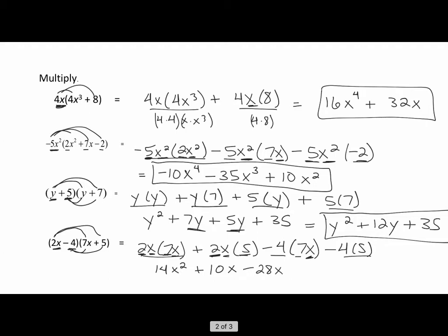And the last term, negative 4 times 5 is negative 20. And we do have like terms that we can combine. So 14x squared, and then 10 minus 28, that's minus 18x's altogether. And minus 20 completes the simplified product of those two binomials.